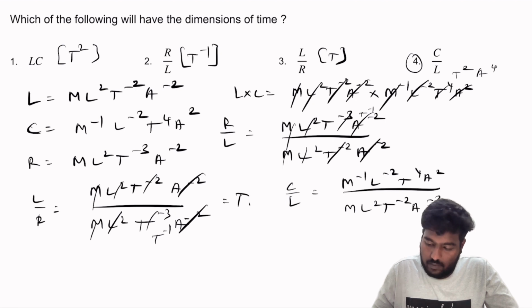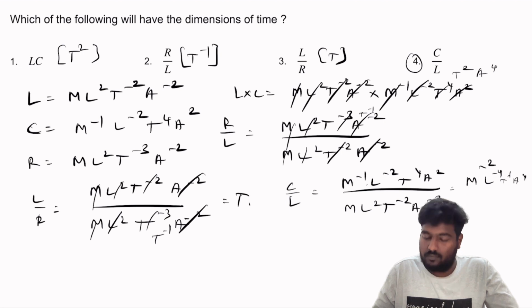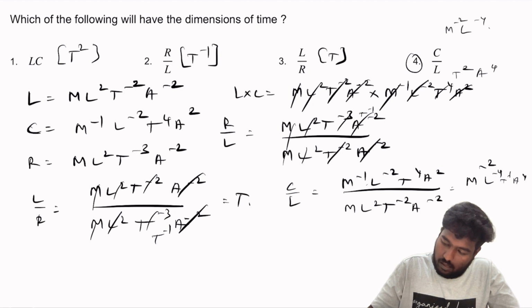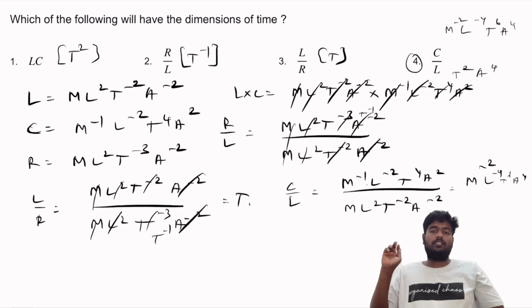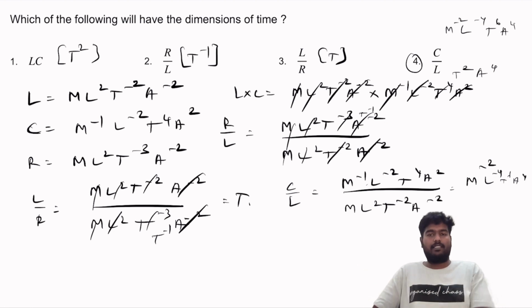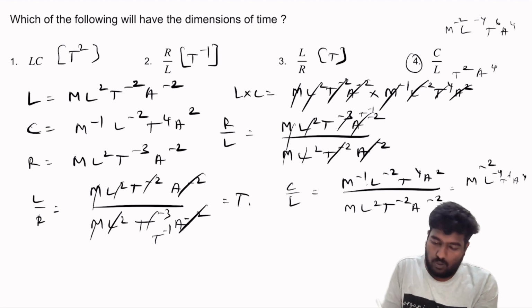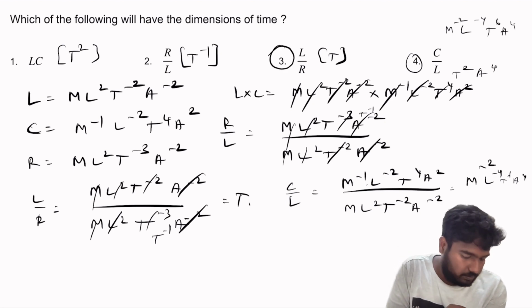So you will get M power minus 2, L power minus 4, T power 6, A power 4. Though we don't need it for the answer, we are doing this as practice, which will help for other questions. Yes. So 3 is the right answer, L by R.